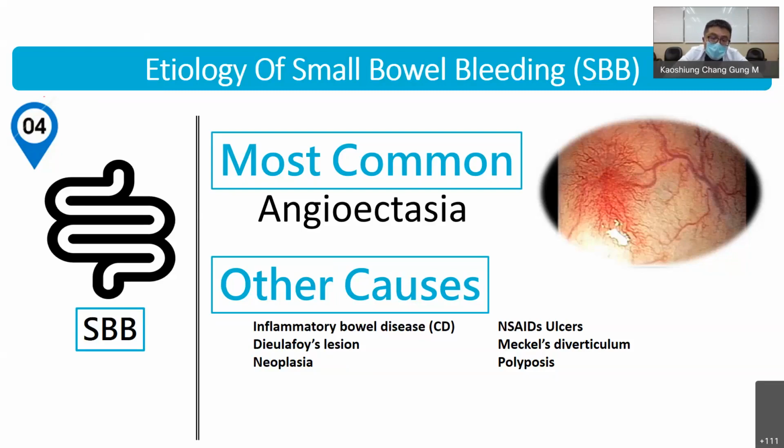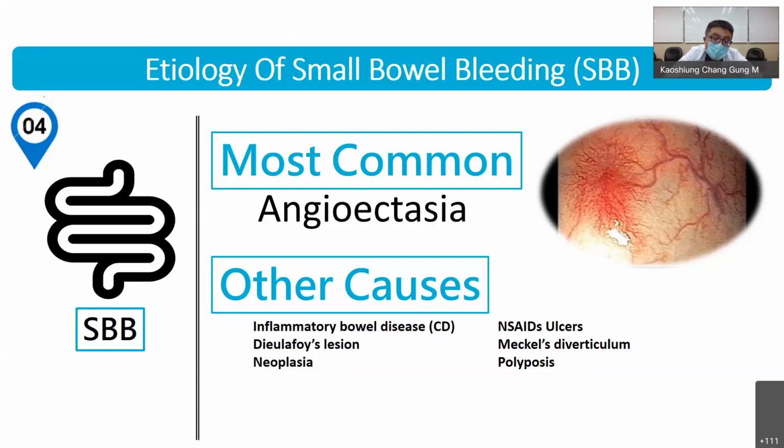Another cause of small bowel bleeding is IBD. That means Crohn's disease, not ulcerative colitis, because ulcerative colitis is located in the large intestine, okay? Followed by Dieulafoy lesions, and neoplasia, that means small bowel cancers.